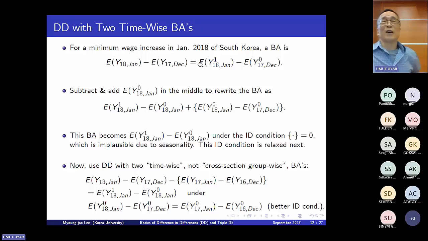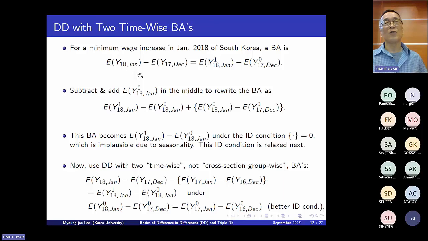So the issue was then how to find the effect of this minimum wage increase. People were concerned about an increasing price level and a drop in the employment rate due to this minimum wage increase.